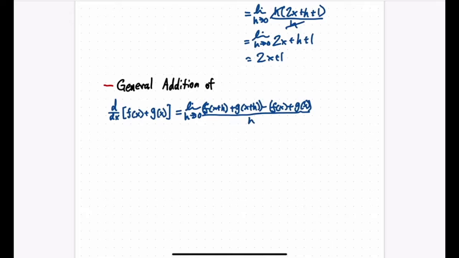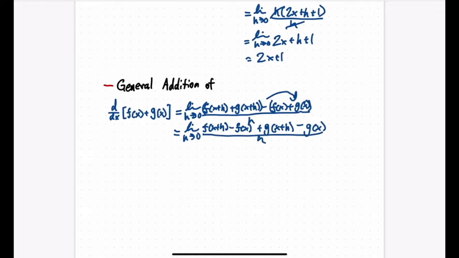Then we get that this equals the limit, if we just rearrange this, because it's all simply addition or subtraction, so we can rearrange them and it'll equal the same thing. f at x plus h minus f at x plus g at x plus h, and then distribute that minus sign in, minus g at x, all over h.